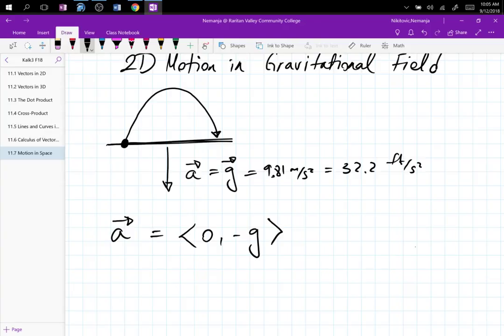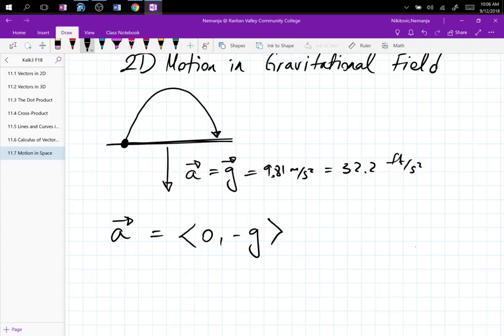It goes down in the fashion to get to the center of the Earth the fastest it can. You don't get to drop something and then it goes there and there and there. No, it goes straight down. Well, if you drop paper, obviously, but that's the drag, it's the air, all these things. But if you drop anything that is heavy, where the air is not going to make a difference, it's just going to go straight down. So this is your acceleration. The acceleration vector is 0 for x motion, and y goes straight down at a negative g.